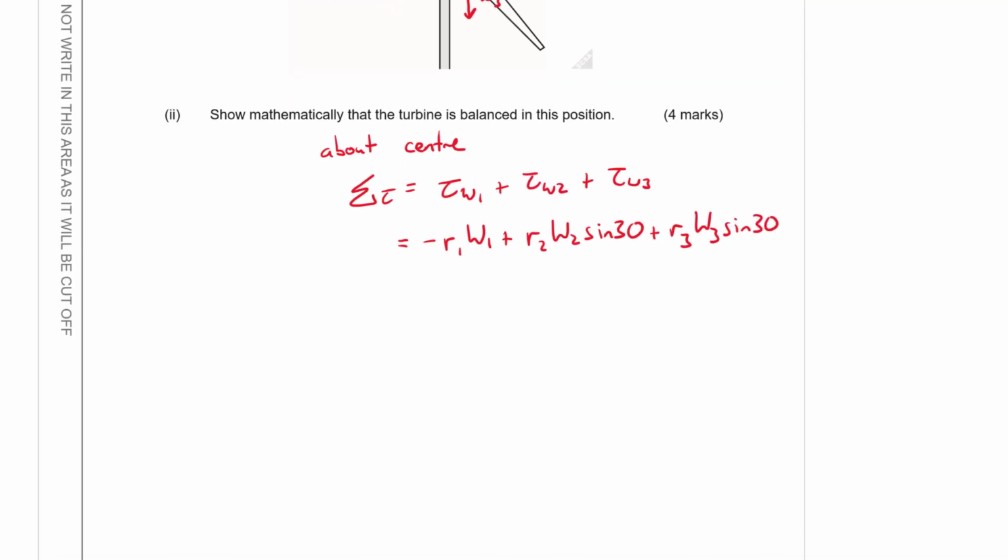Now I can point out that R1 is equal to R2, which is equal to R3, and I can also point out that the weight from 1 is equal to the weight from 2, which is equal to the weight from 3. So if I put that through, I end up with negative RW plus RW sine 30 plus RW sine 30.